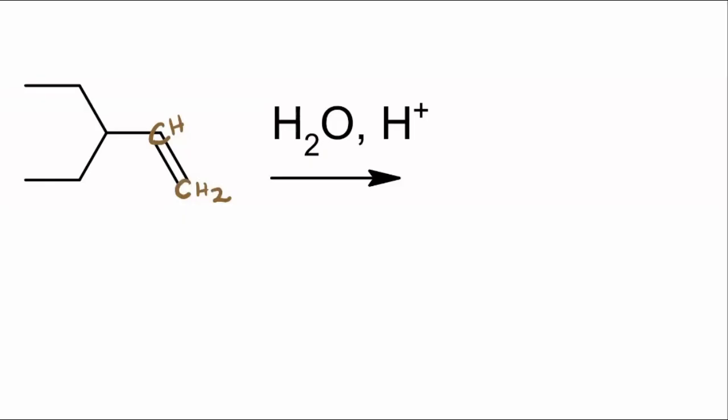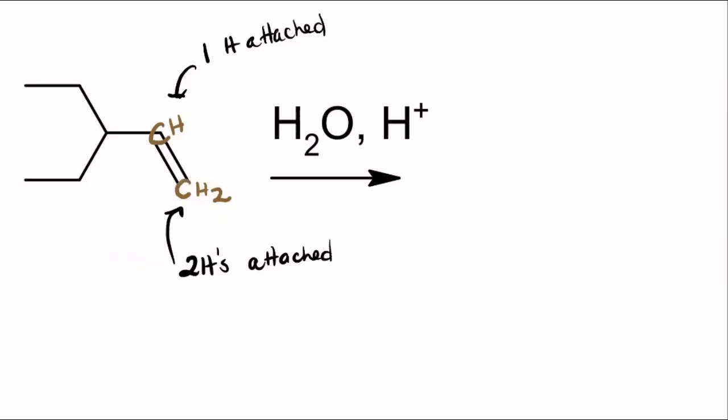So here, this carbon has 2 hydrogens attached, while this one has 1 hydrogen attached. So when I predict the product, I'm going to redraw the molecule as given. I'm not going to include the double bond, only one line in it.